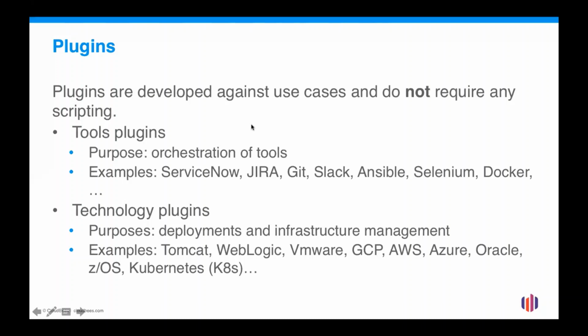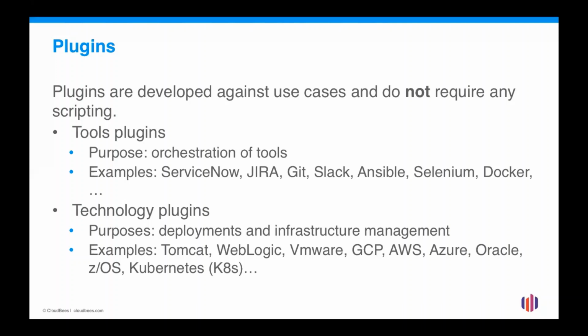That said, we have two types of plugins. The first one that I call the tools plugins, whose purpose is orchestrating. The examples, we will see some of them, could be ServiceNow, open a ticket, ask for a ticket, wait for a ticket, things like this. Jira, same thing. Git, to get source code, but also SVN or other. Slack, to send messages.